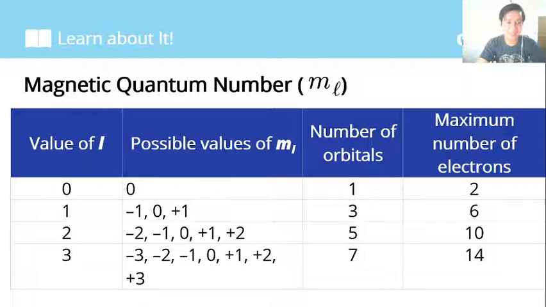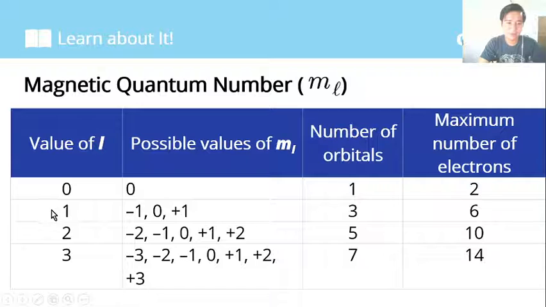S, correct. 1 is P, correct. 2 is D, and 3 is F. So if the possible value of M sub L is 0, then how many orbitals? It's only 1, so the maximum number of electrons would be only 2.